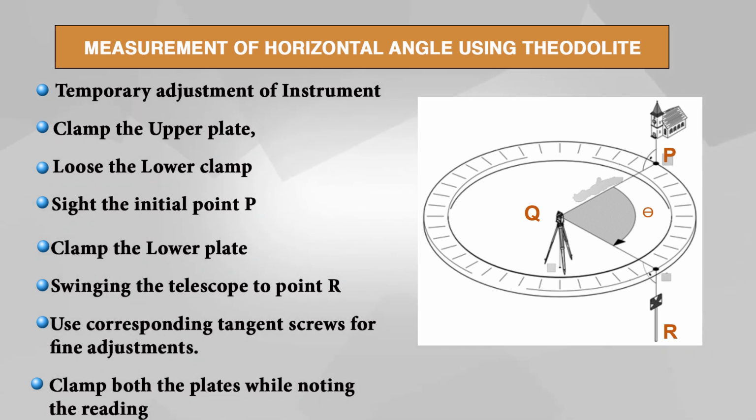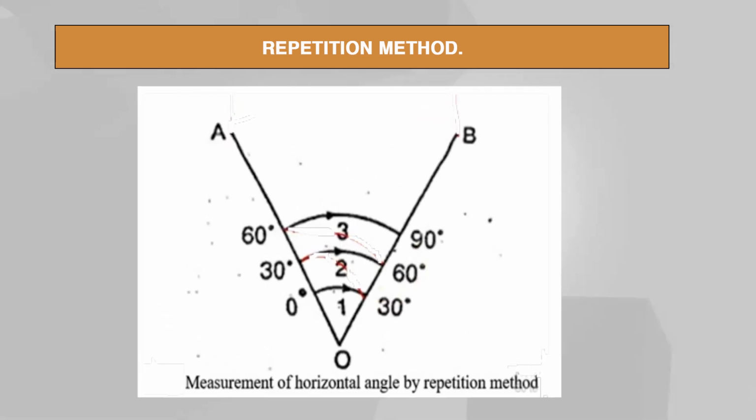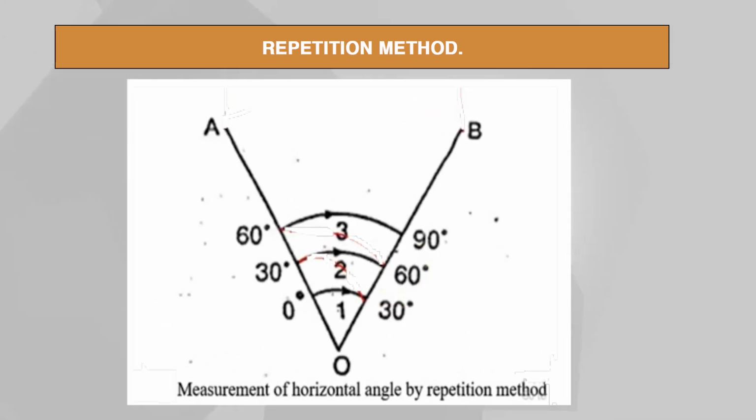The lower plate is clamped and the upper plate is loosened to swing the telescope from point P to point R. Vernier A gives the direct reading, while the reading of vernier B is to be subtracted from 180 degrees.